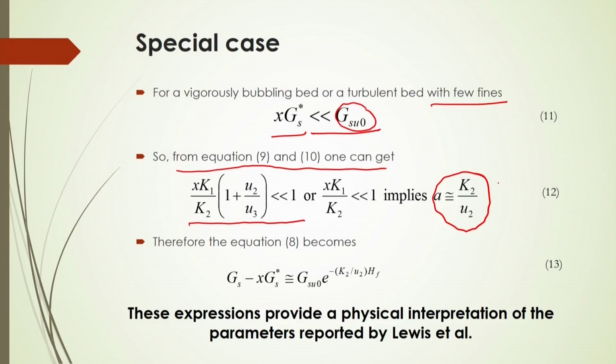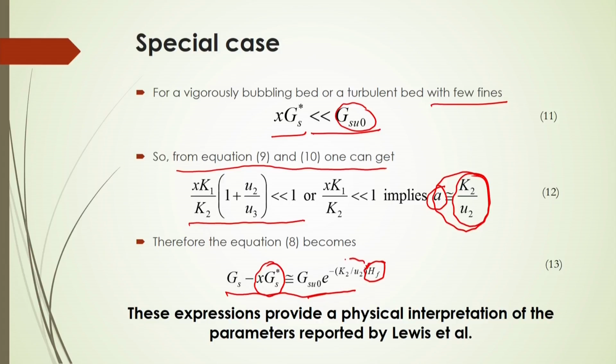So, this A is actually a function of the velocity of phase 2. Therefore, equation 8 we can write as G s minus x G s star, which may be very small here, equals G s 0 into e to the power minus k 2 by u 2 into A shape.